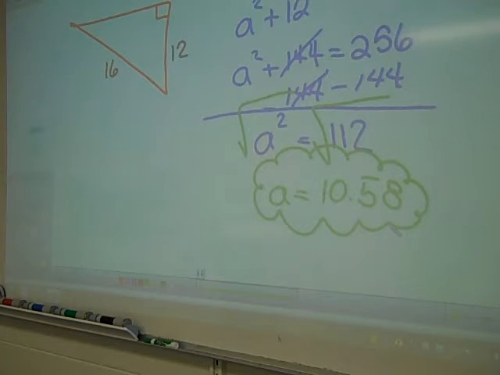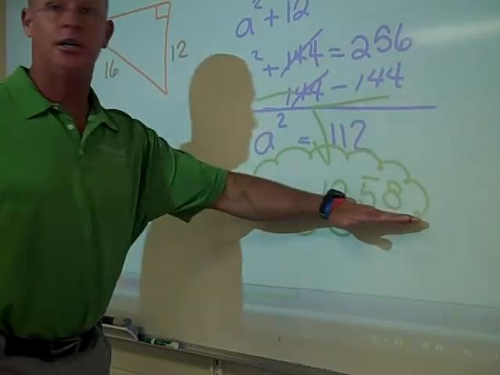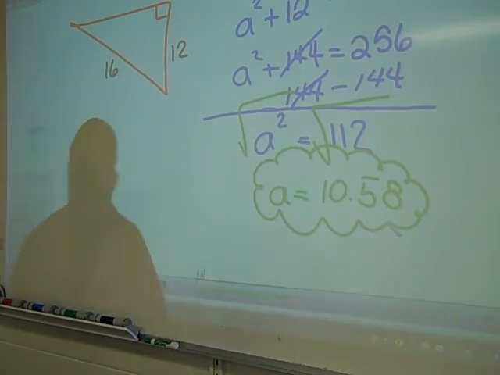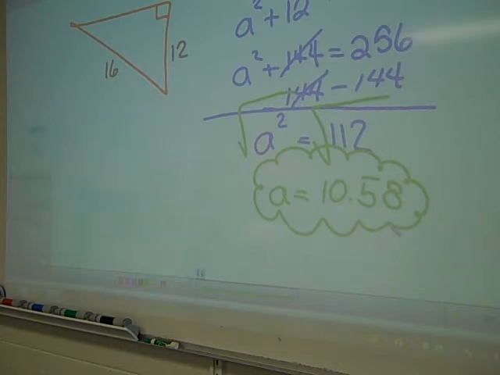Beautiful. Oh, no, not 10.6. That's rounded to the 10th spot. We want it rounded to the hundredths. That's two places back. Questions so far?